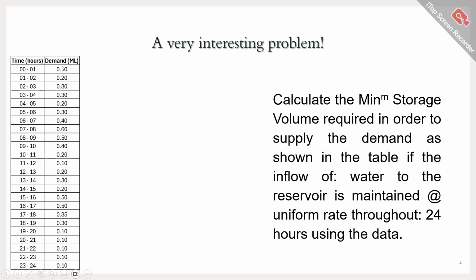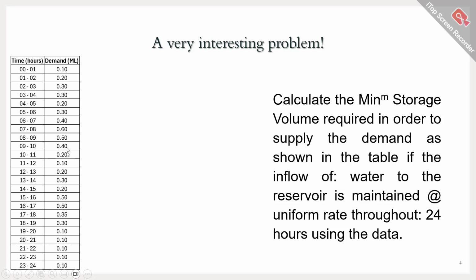Now the demand, you can see that for every 1 hour the demand is not constant, it is varying throughout the day. Let's say at the 8th hour the demand is 0.6 into 10 to the power 6, that means 6 into 10 to the power 5 liters. And at the 12th hour you can see that the demand is very less, it is 10 to the power 5 liters only.